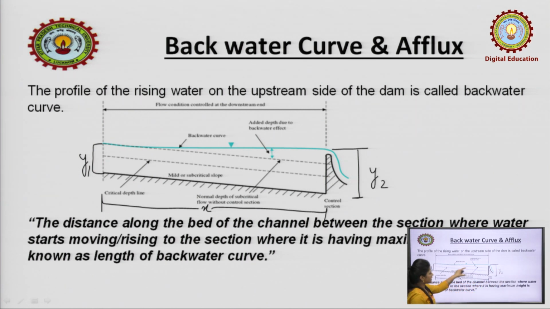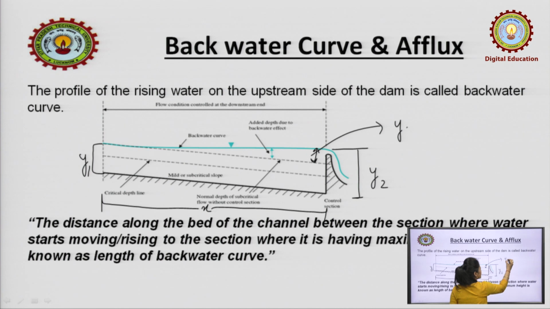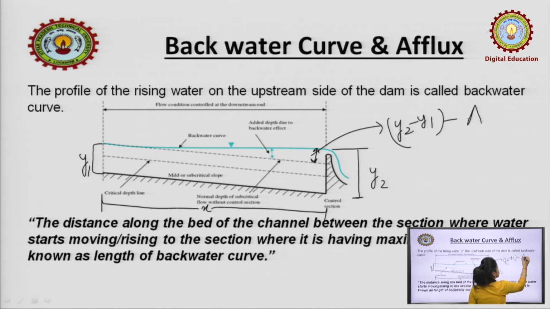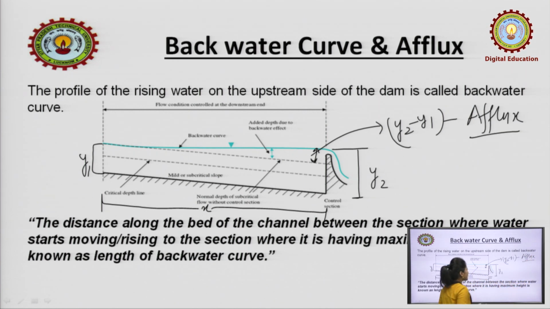This rise in section, y2 minus y1, is known as efflux or backwater curve. Efflux or backwater curve means the increase in the water level due to obstruction.